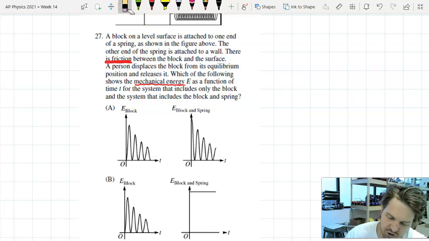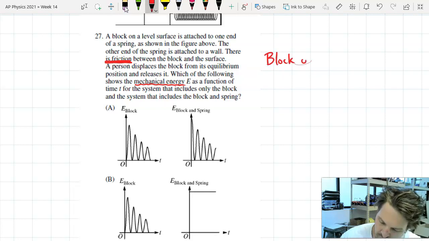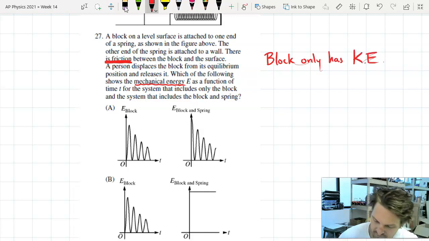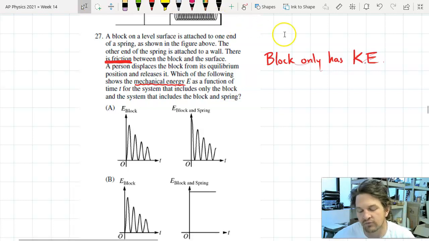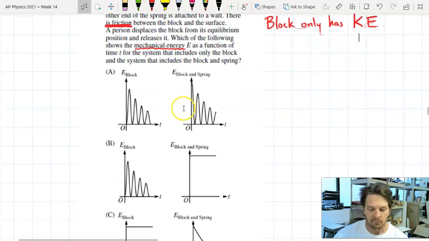If we're thinking just the block, the block can only have kinetic energy, right? Because the block's moving. The block can't have spring energy because that spring energy is in the spring. So the spring energy is inside of the energy graph on the right, where it's the block and the spring.